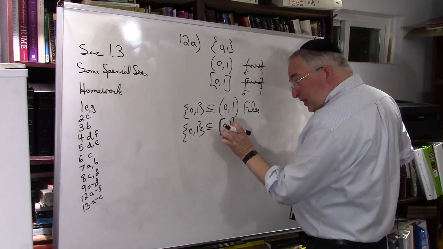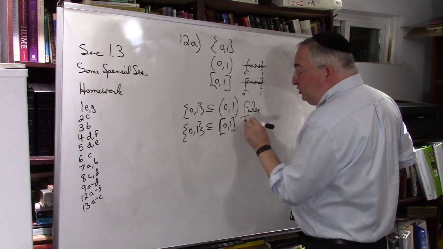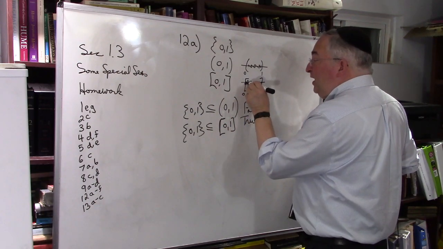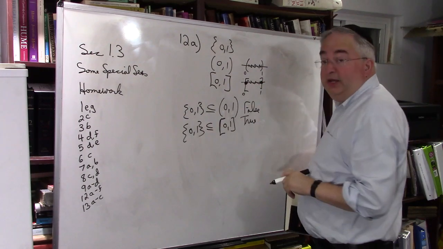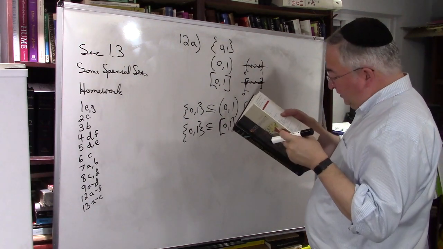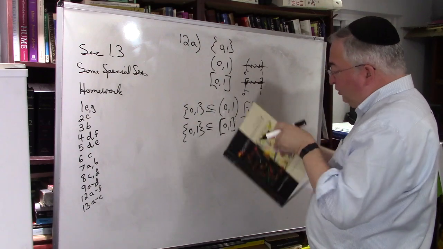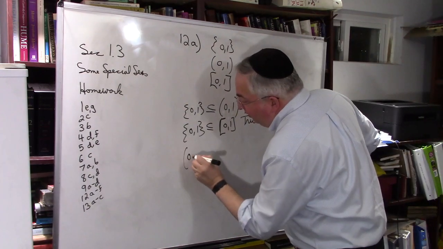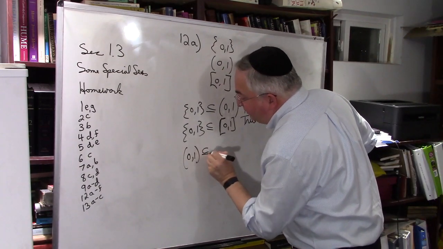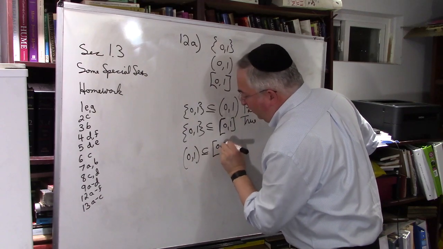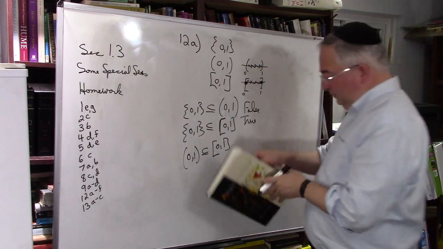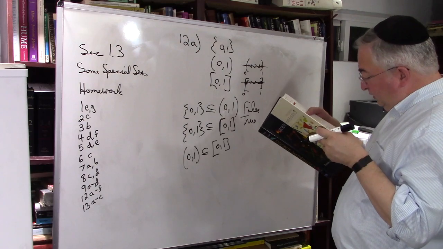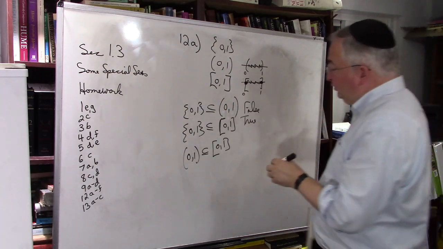Well, the integers are in the real numbers, so this is true. In other words, here's 0, here's 1, it is true. Next question, is (0, 1) a subset of [0, 1]? This is 12c, and the answer is true.